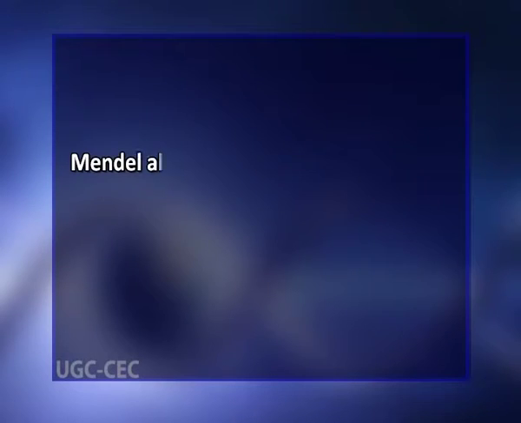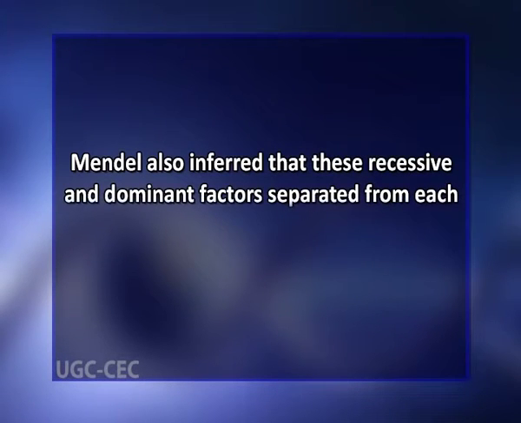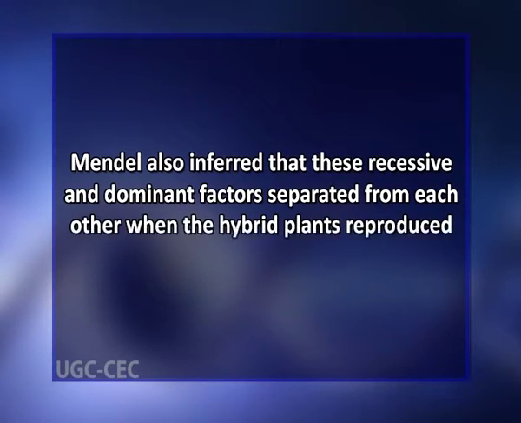He said that the latent factor was recessive and the expressed factor was dominant. He also inferred that these recessive and dominant factors separated from each other when the hybrid plants reproduced. This enabled him to explain the reappearance of the dwarf characteristic in the next generation.